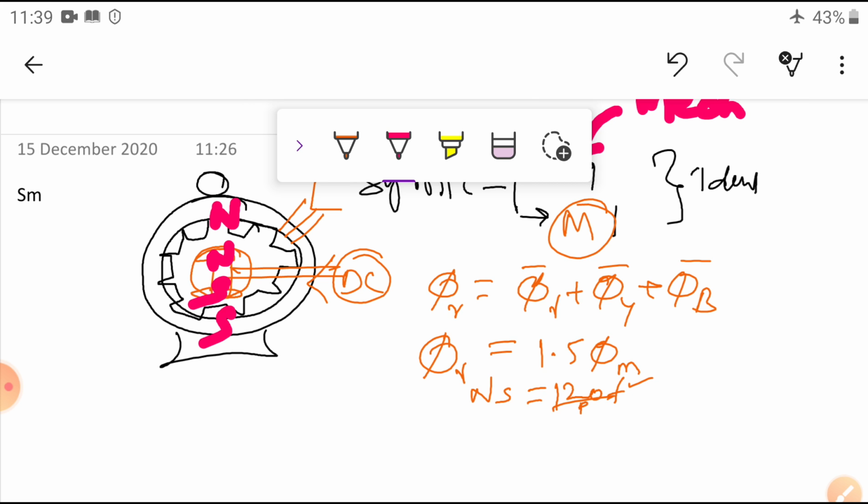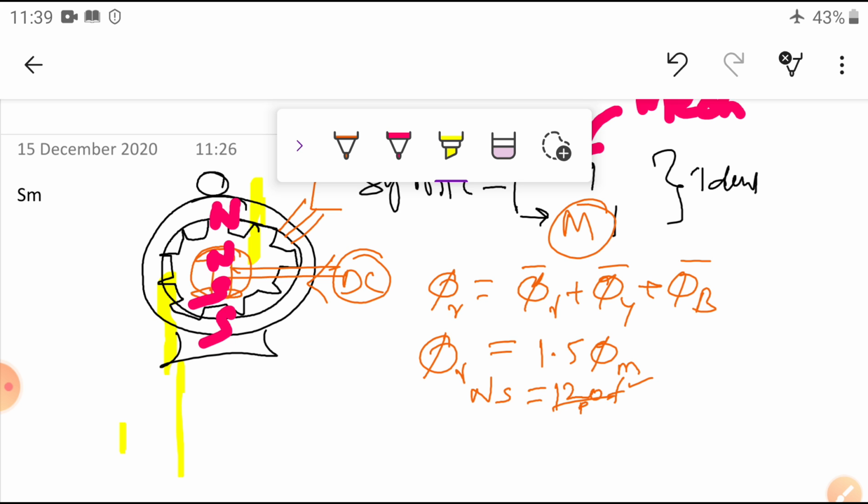As we know, north pole and north pole repel each other, and south pole and south pole repel each other.